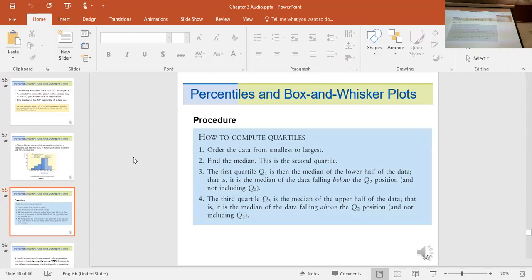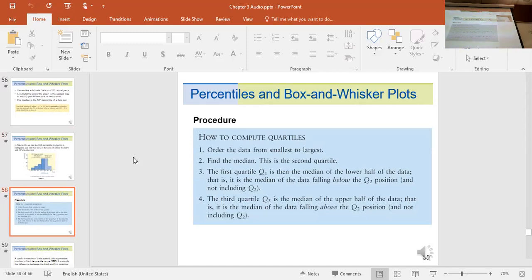The quartiles will subdivide data values into 4. On the PowerPoint, it is written really technically, but sometimes I like to explain it as simple as what it is.